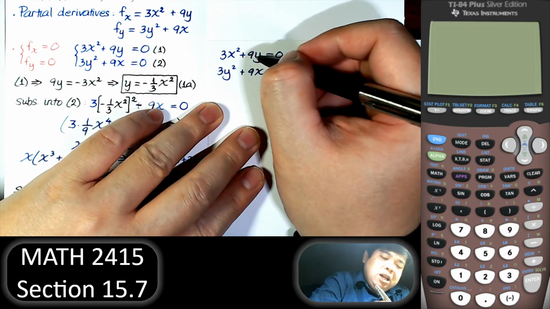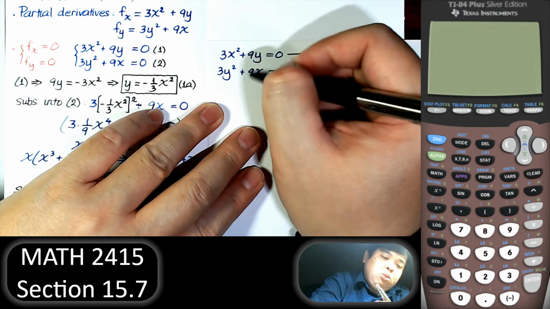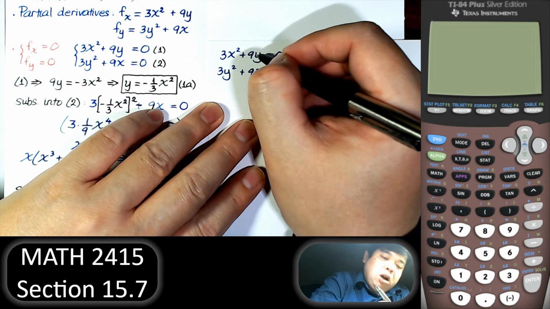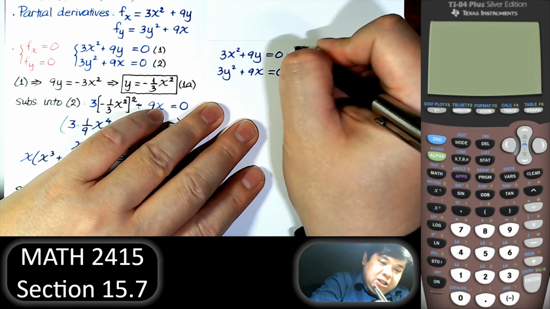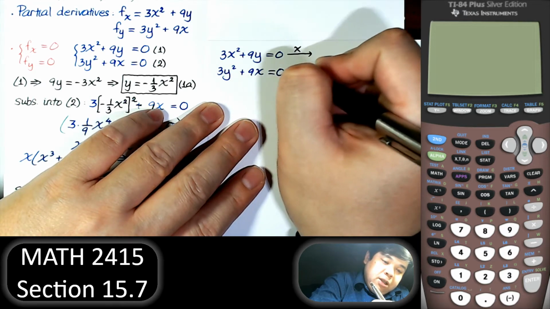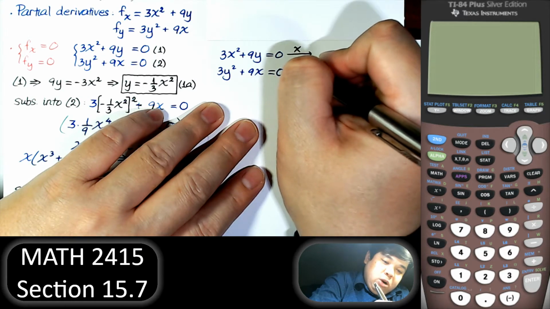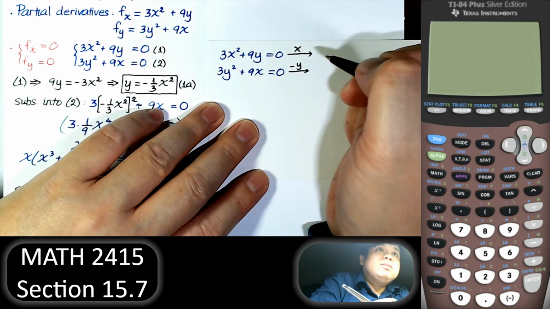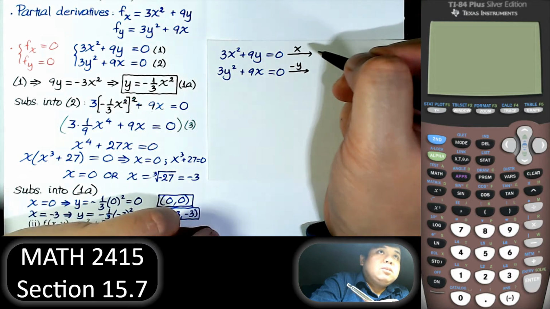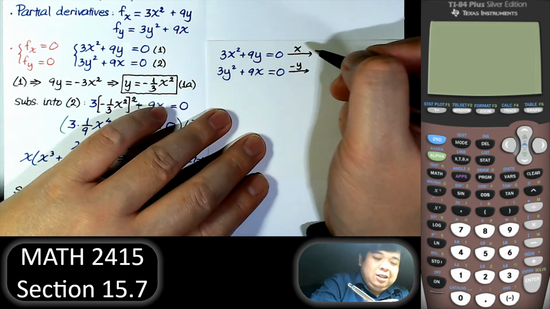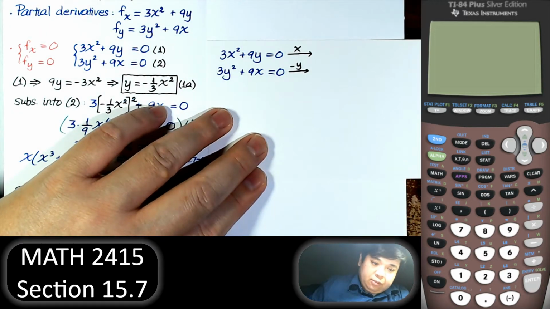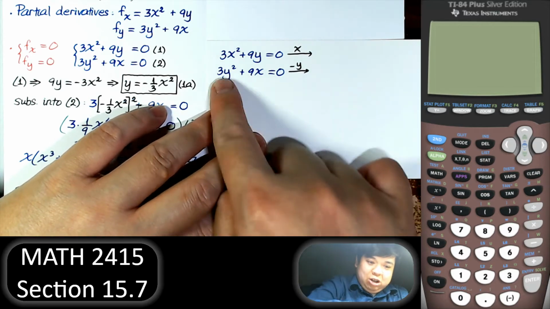Let's say we eliminate this way: I will multiply this by x and multiply the bottom by negative y. Or you can try something else to eliminate.